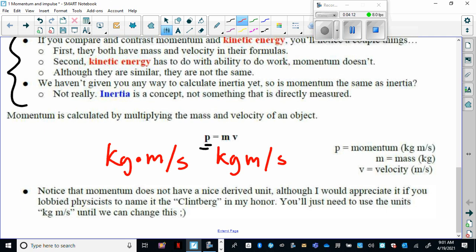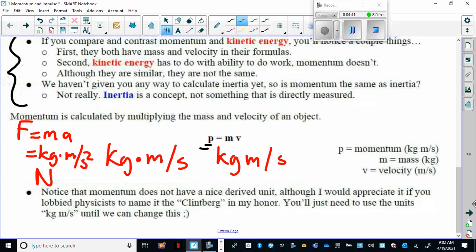So unlike force, for example, force, mass times acceleration, kilograms times meters per second squared, or in honor of one of the greatest minds in human history, Sir Isaac Newton, we just call this a Newton. Momentum does not have a unit specifically. It just has these combined units.